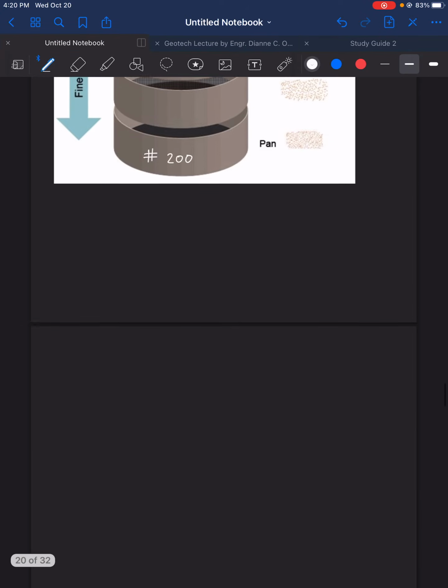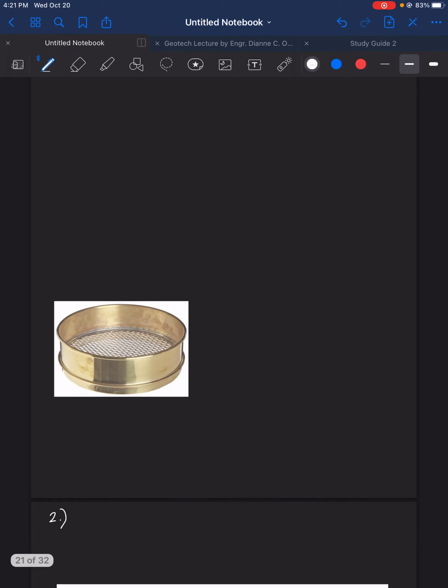So, this is number 200 here. What passes only here is 85 grams, because 85 grams is what went to the pan.